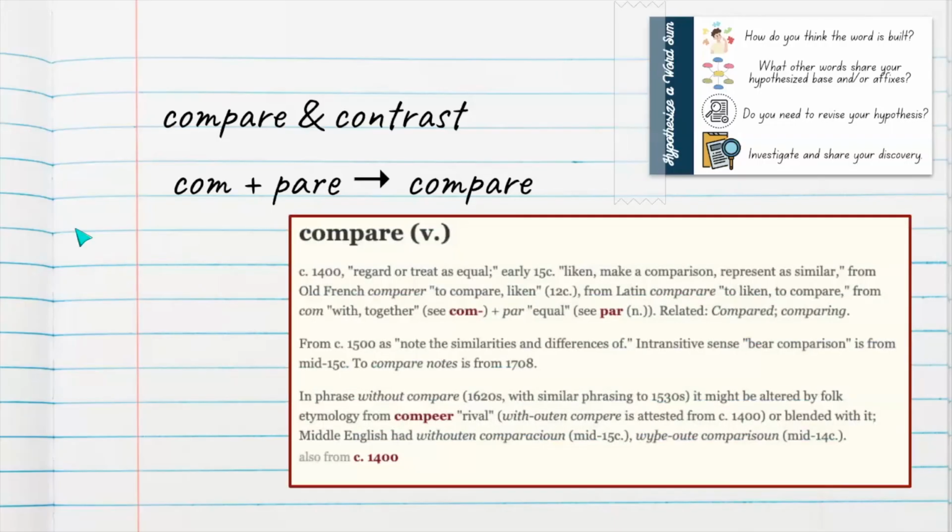So then I look it up, and when I look at compare as a verb, it's first attested in the 1400s, to regard or treat as equal. Early 15th century, liken, make comparison, represent as similar, from Old French, from Latin, from COM, meaning with or together.